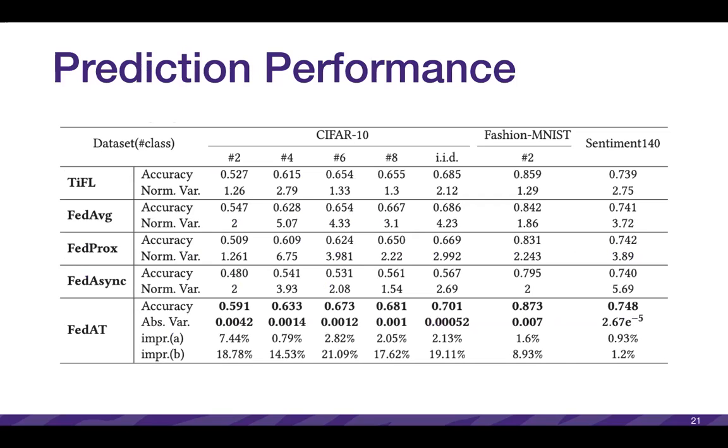Here is the total prediction performance. The 2, 4, 6, 8 means the number of classes for the non-IID distribution. And we can see FedAT has a better performance on both the non-IID distribution and the IID distribution.